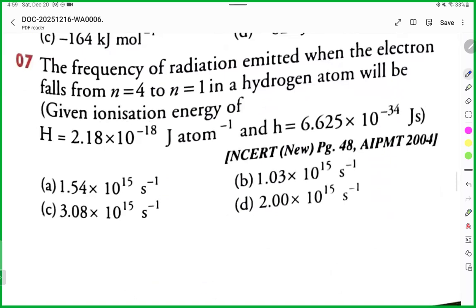Seventh question. Here, all the values are very close to each other. How to calculate frequency? Frequency is equal to C by lambda, or C into nu bar, because 1 by lambda is equal to nu bar.